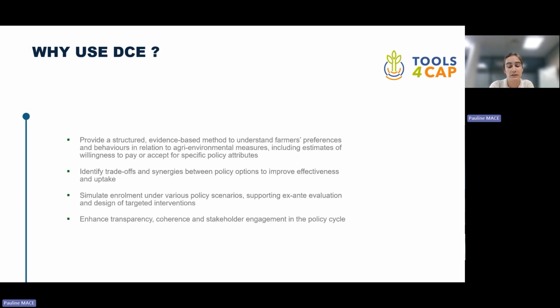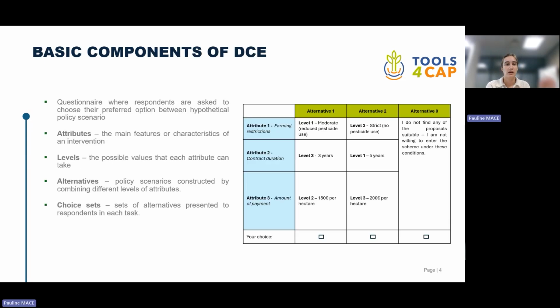It helps to identify the trade-offs and the synergies between different policy options to improve effectiveness and uptake. It can also be used to simulate enrollment under various policy scenarios, and as such it is very valuable to support ex-ante evaluation and the design of interventions. It can also enhance transparency, coherence, and stakeholder engagement in the policy cycle.